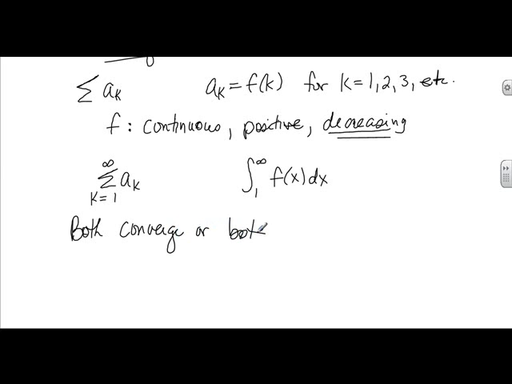Because we know how to work with improper integrals, we can tell if our integral is going to converge, meaning we get a finite value, or diverge, going to infinity, and we can conclude the same about the series.